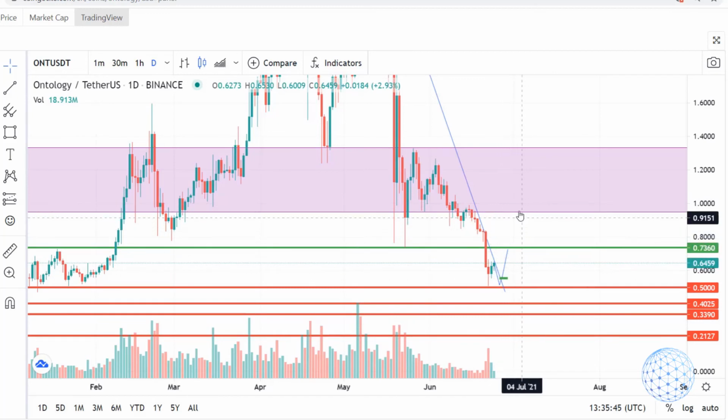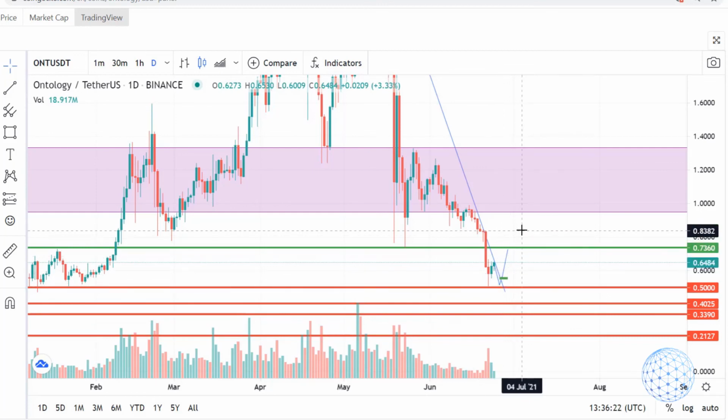And then if we are lucky to see the price going even further upwards, I'll be definitely happy taking profits at 1.33 or 1.32 or anywhere in this zone would work great, okay? And especially if you have the stop loss below the 0.47, then we would have a great risk reward. Alright, so this is how I see Ontology in the near future. We'll see how it goes.